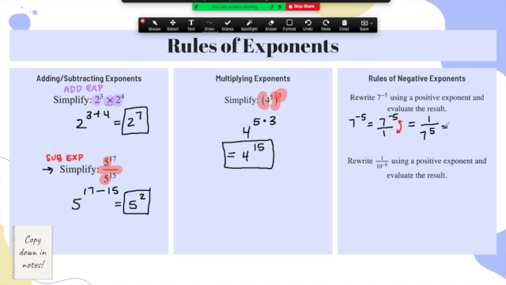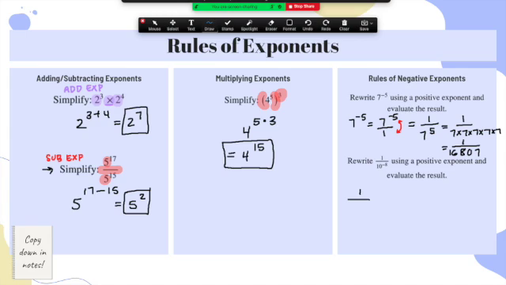And that would equal 7 times 7 times 7 times 7 times 7, which equals 16807.